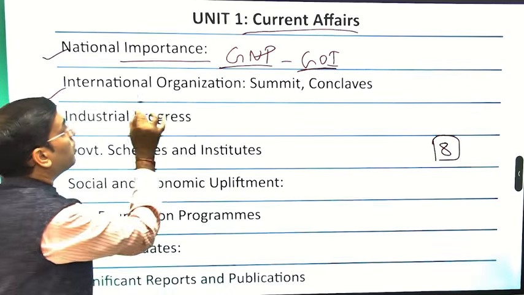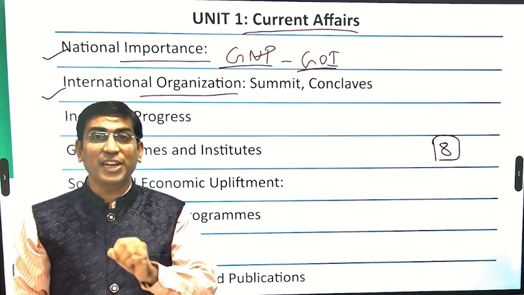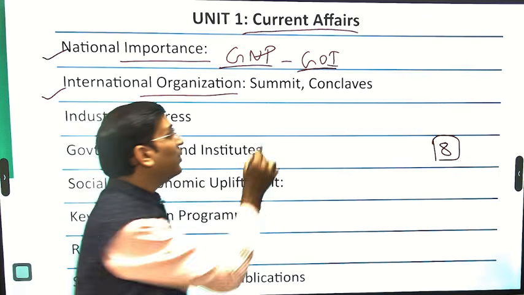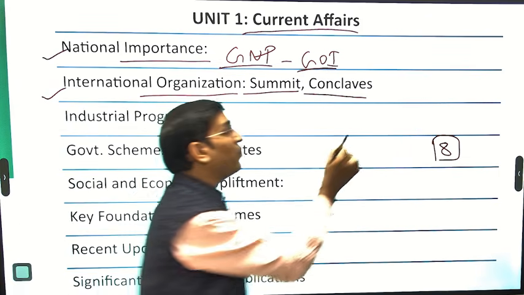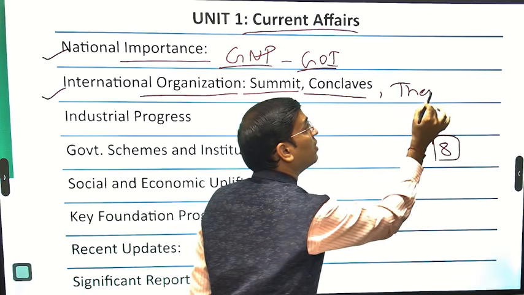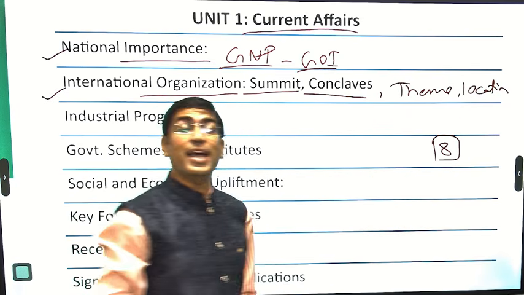Apart from that, some of the organizations, the national as well as international organizations, where summits and conclaves take place. What is the specific theme of the organization, the location, and the establishment year.